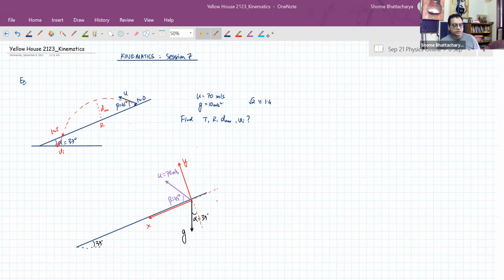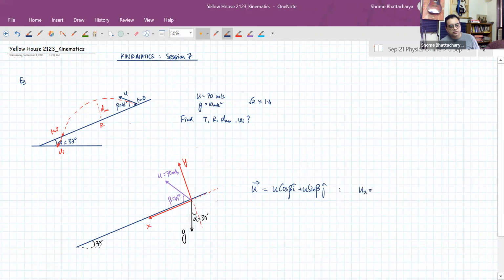Very good, Kirti. I'll just verify the answer. So our initial velocity, we will have to resolve it like this: U cos beta i cap plus U sin beta j cap.